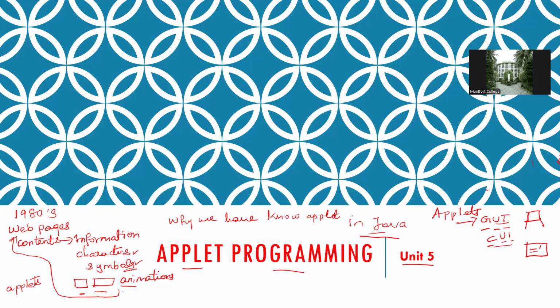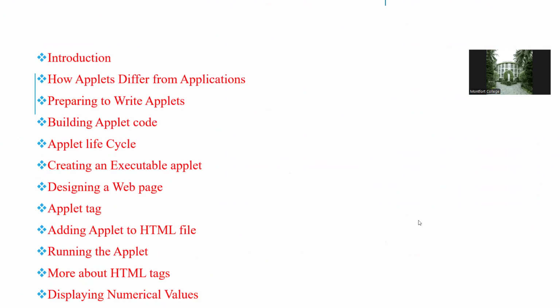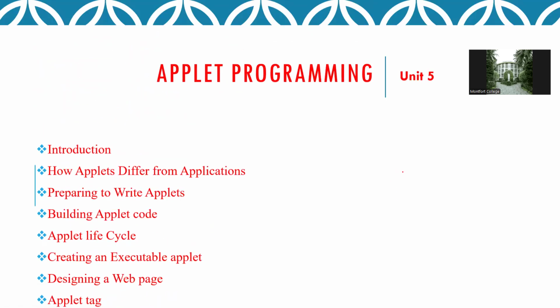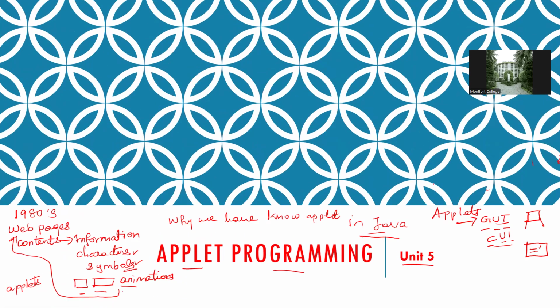Now, the evolution of operating systems, we have to see. Then we will come to applets. I will take the next page for better understanding because I have very little space here to write.